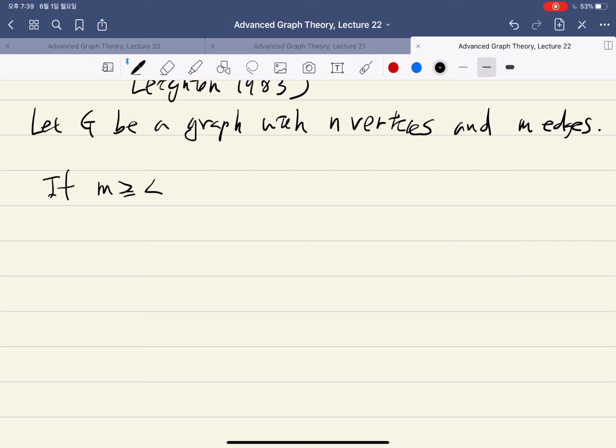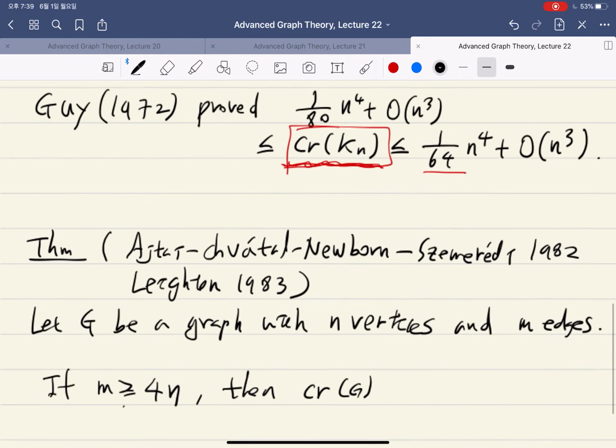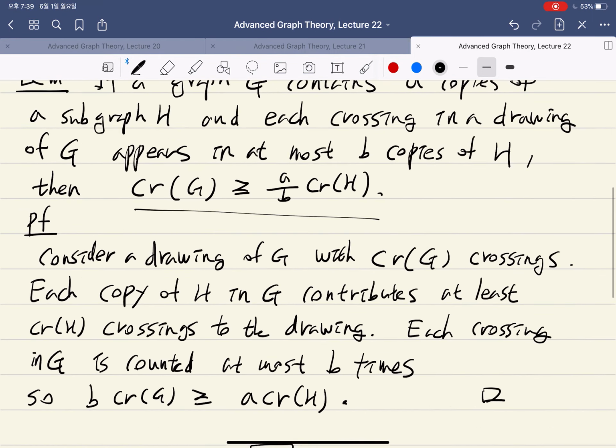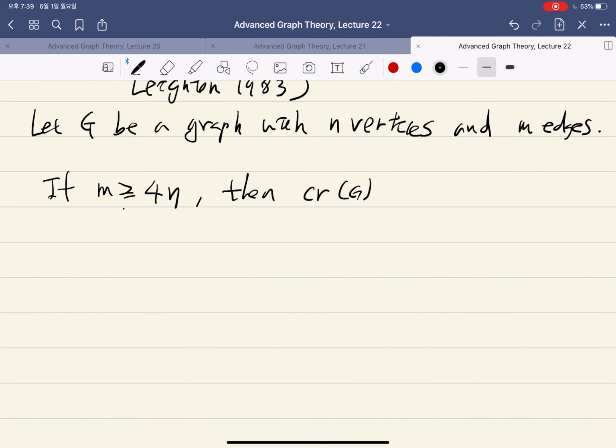If m is at least 4n, which is a reasonable assumption as all planar graphs have at most 3n minus 6 edges, so a bit above that, then below that, we can apply the previous bound that we have proved in the last lecture. That's quite efficient. So we get this lower bound.